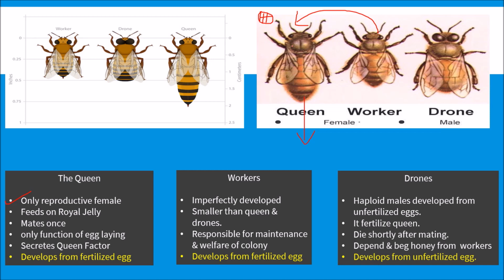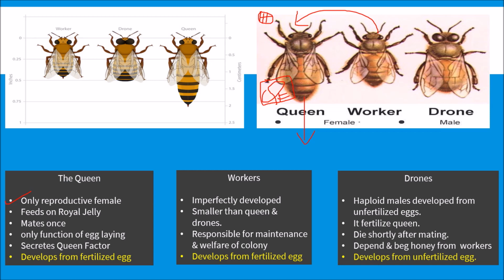The queen mates only once in a lifetime, and the function of the queen is to lay eggs and to secure those eggs. She also secretes one factor, which is called the queen factor. We'll be discussing this in detail further. For the time being, just keep a mark of this: that this is a queen factor releasing body.